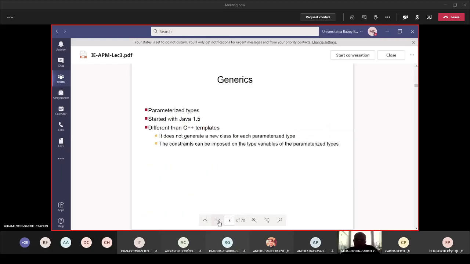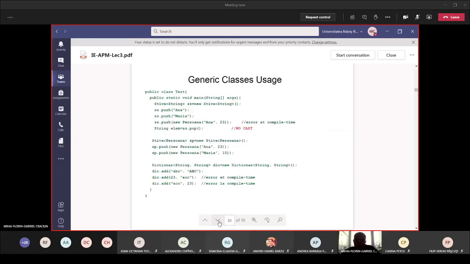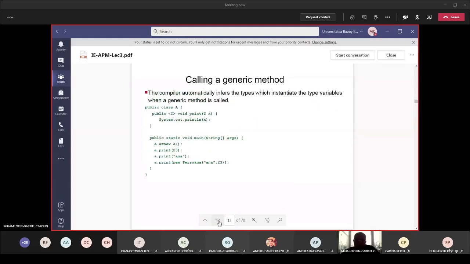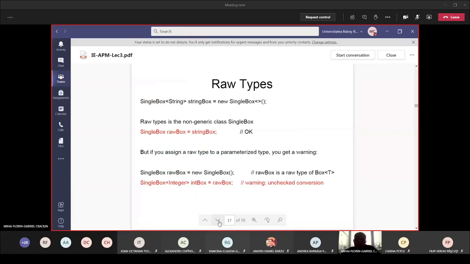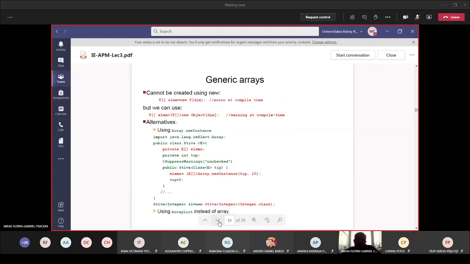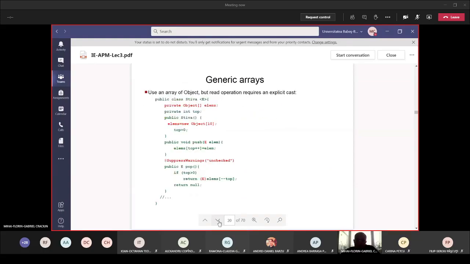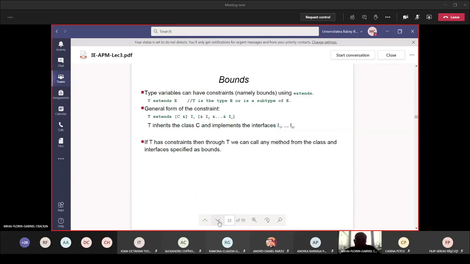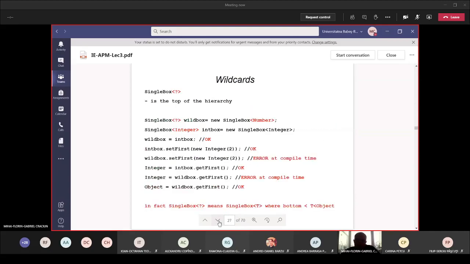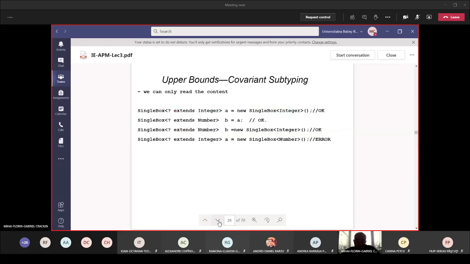Take a look at all these parts and try to understand even that part that we discussed at the seminar. Please see the examples that are here and also in the seminar. Wildcards, it's possible to give you some. For sure, one problem will be from here, from the generics part.